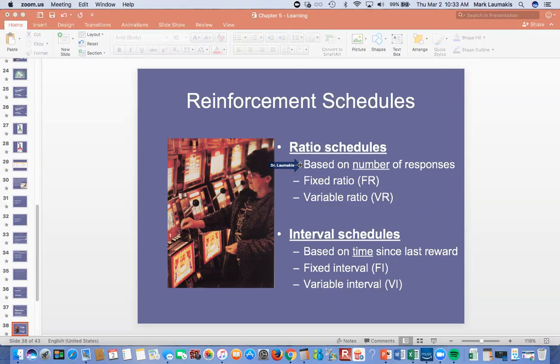It's based on how many times you do X. Okay. So if I'm on a fixed ratio schedule, FR, the scenario is this. The reinforcer is going to be given after a fixed number of non-reinforced responses. Okay. Really simple idea. Say you work in a factory. And I don't know, your factory makes boxes for Amazon.